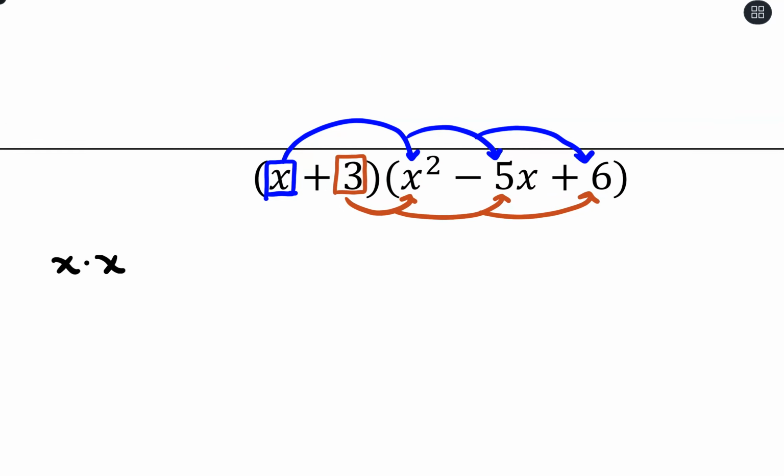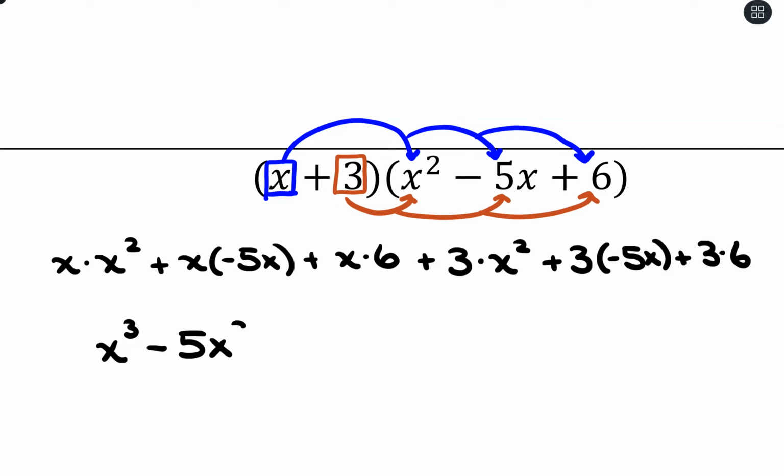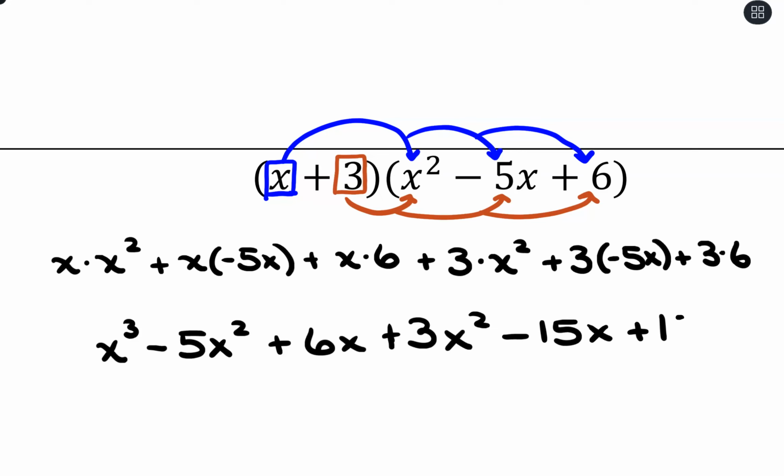So we'll have x times x squared plus x times a negative 5x plus x times 6 plus 3 times x squared plus 3 times a negative 5x plus 3 times 6. So we have x cubed minus 5x squared plus 6x plus 3x squared minus 15x plus 18.